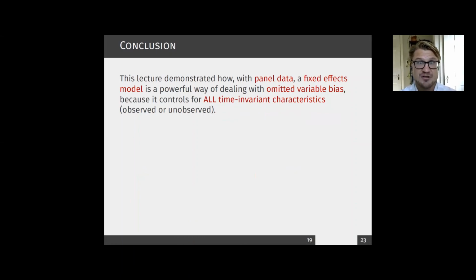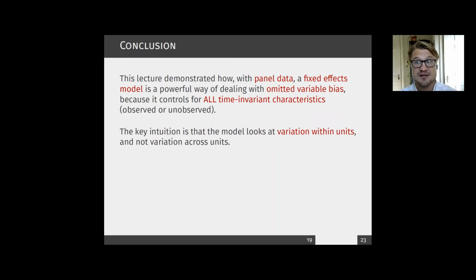Right. So to conclude today's lecture on fixed effects, we've demonstrated how with panel data, with repeat observations across time for the same unit, a fixed effects model could be a very powerful way of dealing with omitted variable bias because it controls for all time invariant characteristics, both observed and unobserved. It gets rid of all time invariant characteristics by just controlling for the fixed unit itself.